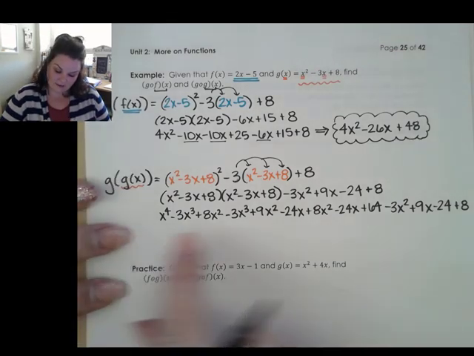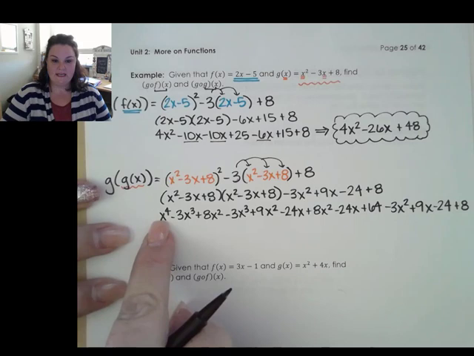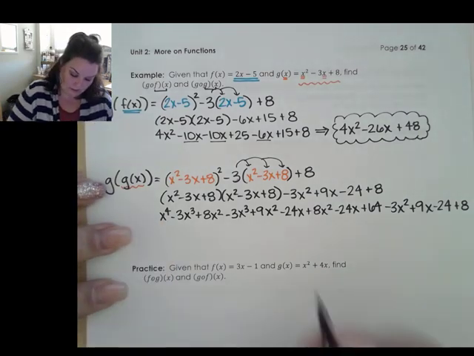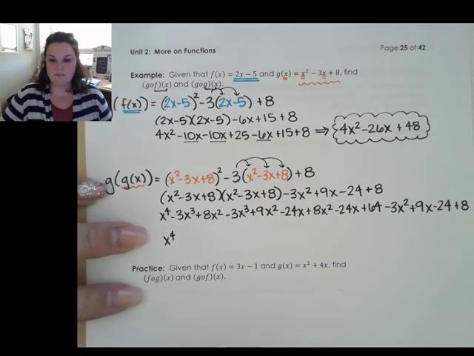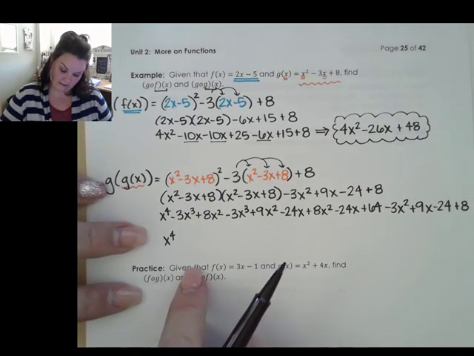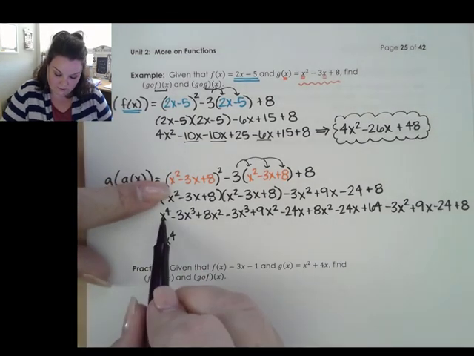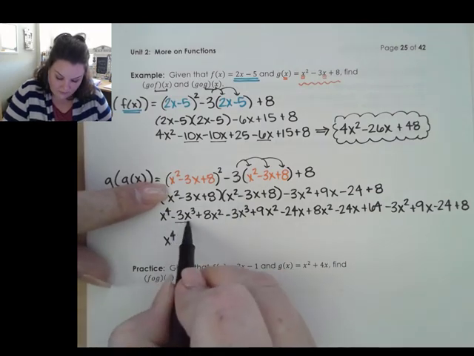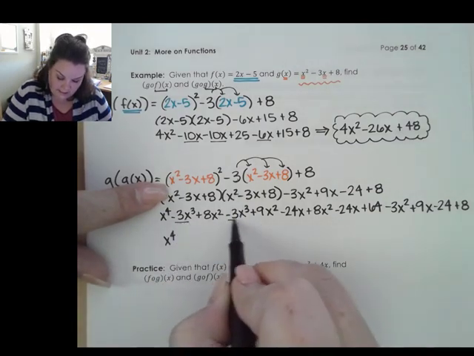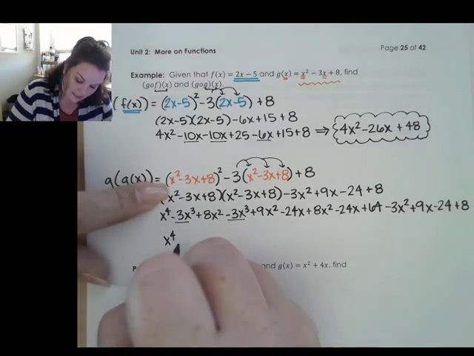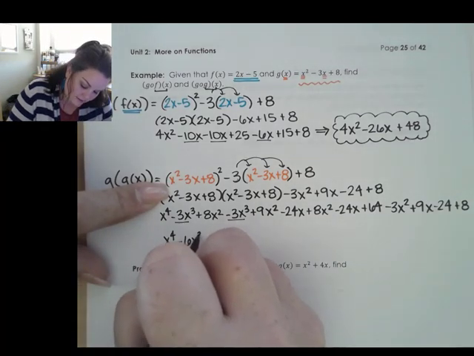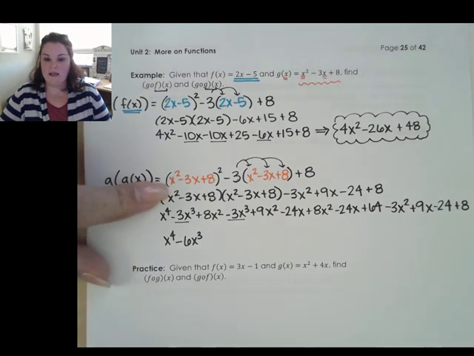So the highest order term I have here is my x to the 4th. So I'm going to go ahead and just write this as x to the 4th. And then I need to look at my next term. So now I have negative 3x cubed and negative 3x cubed. And those are all the x cubes I have. So that gives me a negative 6x cubed. Okay, and then I want to look at all of my x squared terms.